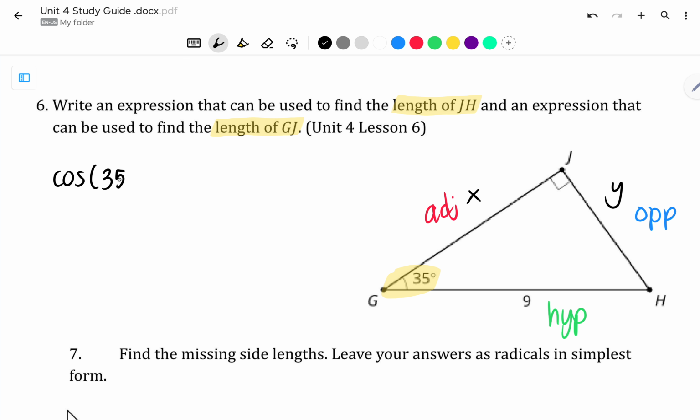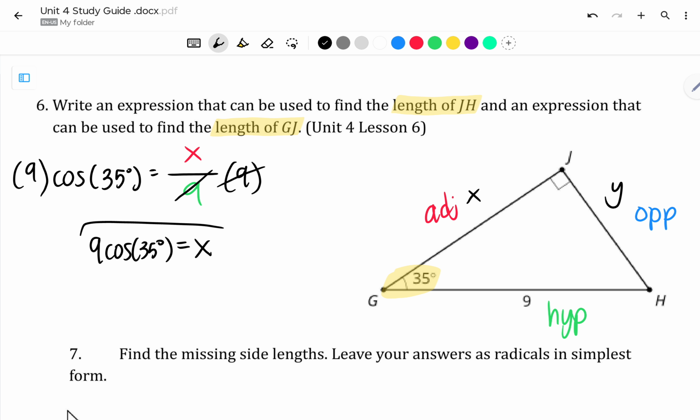So cosine of 35 degrees is equal to X over 9. So then what do we do to solve for X? Multiply both sides by 9. X equals 9 cosine 35, this is your expression. That's it. Don't plug it in the calculator.